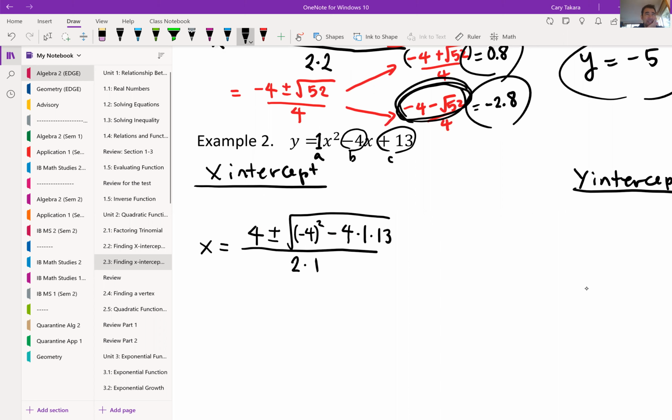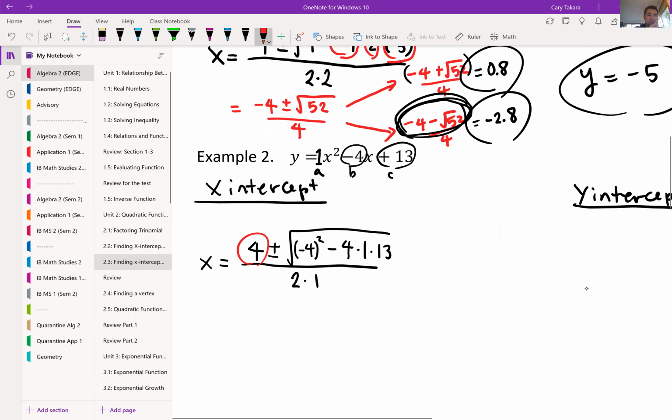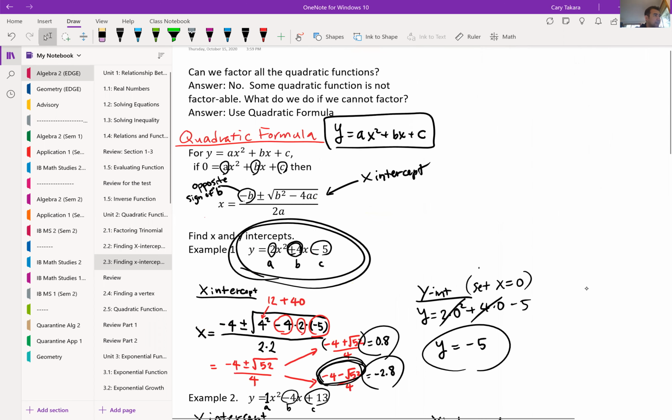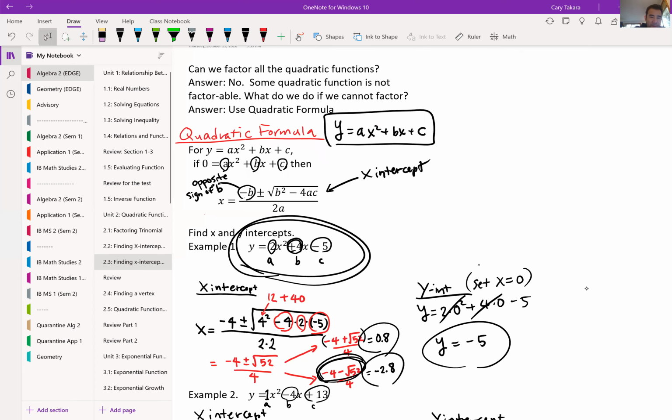Now, what did you get inside of the square root sign? Yeah, this 4 has to be positive 4 because the quadratic formula calls for, right here, Parker, negative b, right?